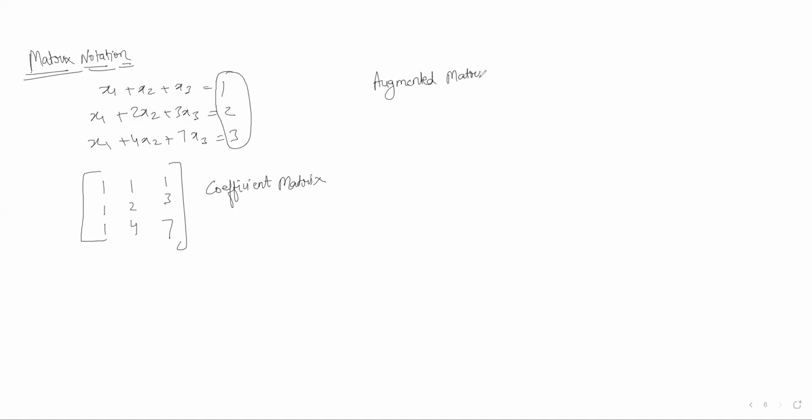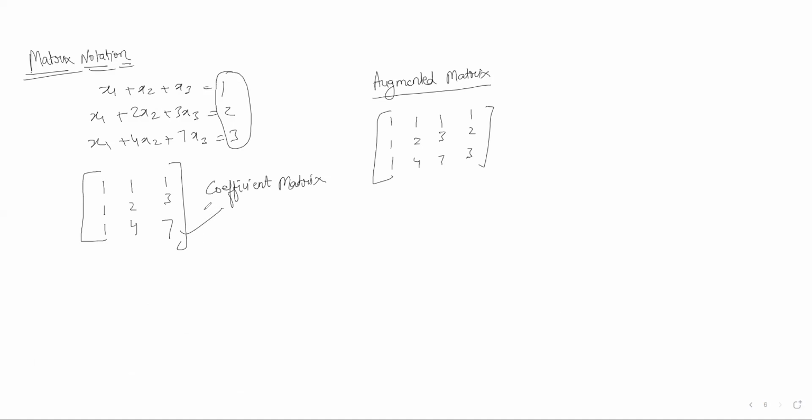Augmented matrix means 1, 1, 1, 1, 2, 4, 1, 3, 7, and then here 1, 2, 3. This is the augmented matrix. This is the coefficient matrix.